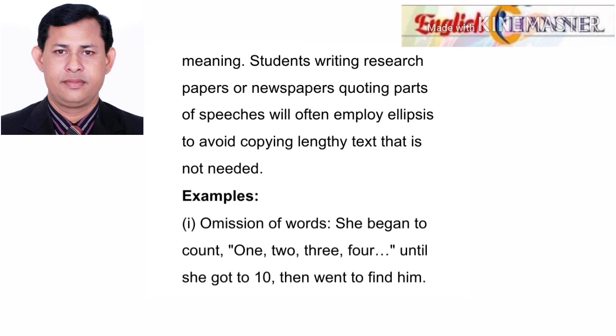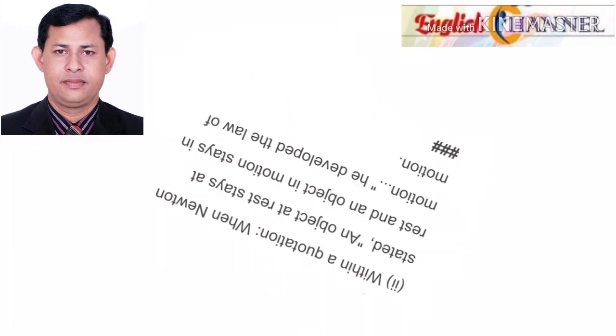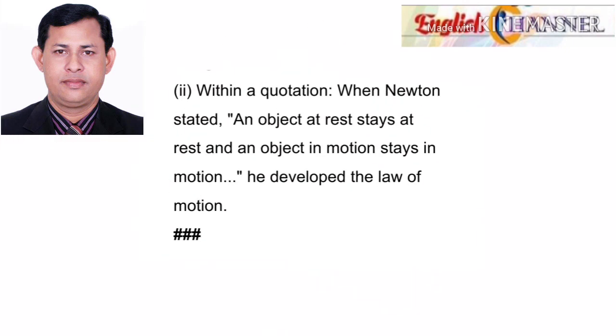Examples: Point 1. Omission of words. She began to count 1, 2, 3, 4, dot, dot, dot, until she got to 10. Then she went to find him. Point 2.